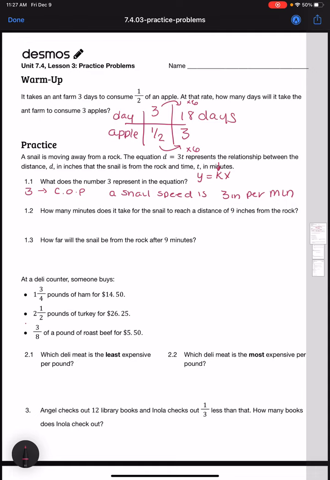So the distance is 9, and 3 times something would give me my answer. I know 3 times 3 is 9, so it would take 3 minutes. And how far after 9 minutes, we want to know the distance. If I do 3 times the time, you'd be 27 inches away.